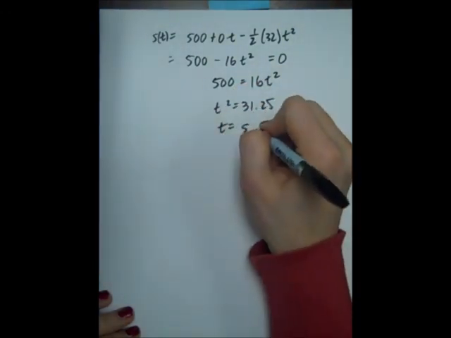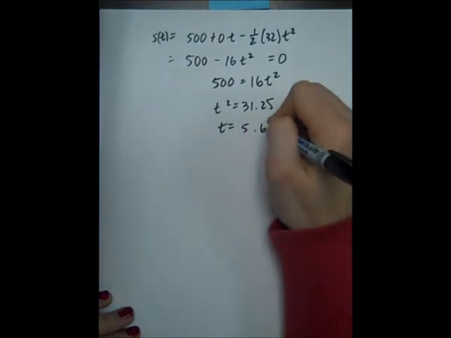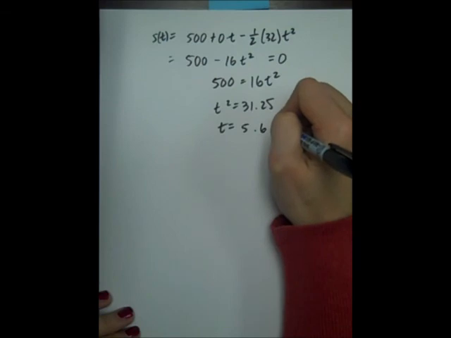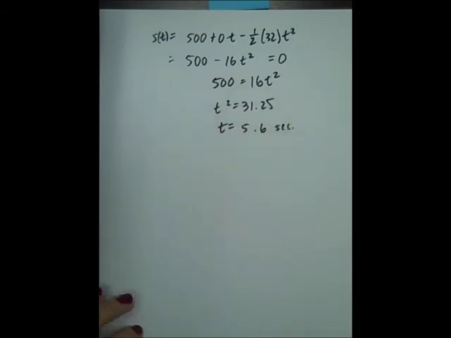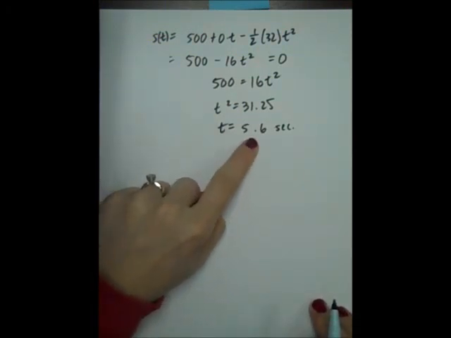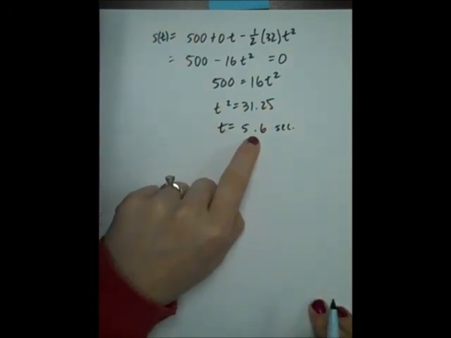So I get 5.6, let's say. And this was measured in seconds, because gravity is always feet per second squared. So I know that it hits the ground after 5.6 seconds.